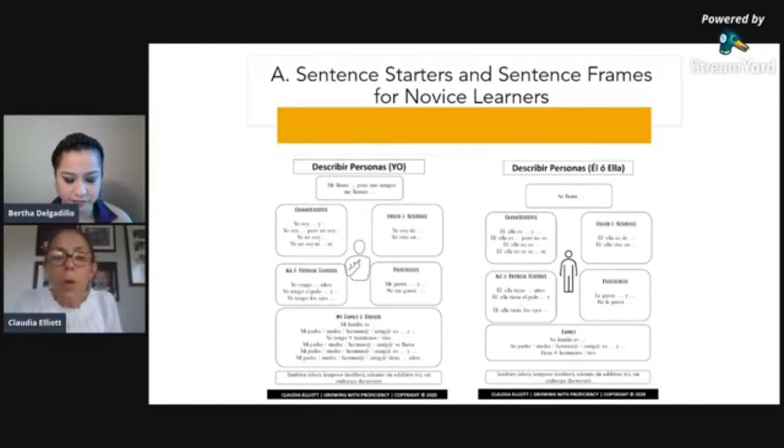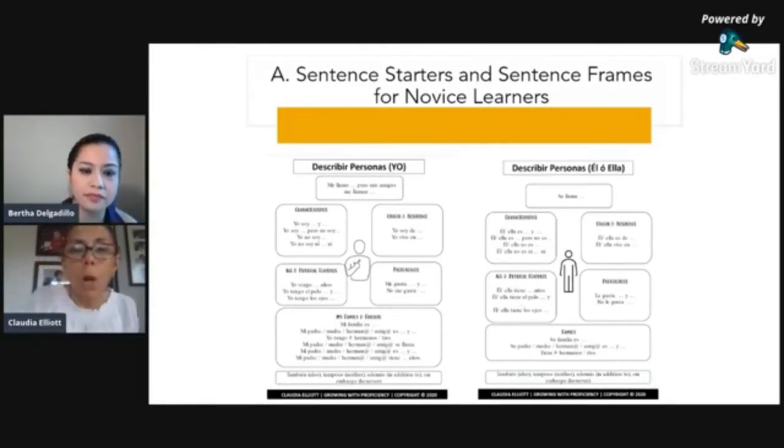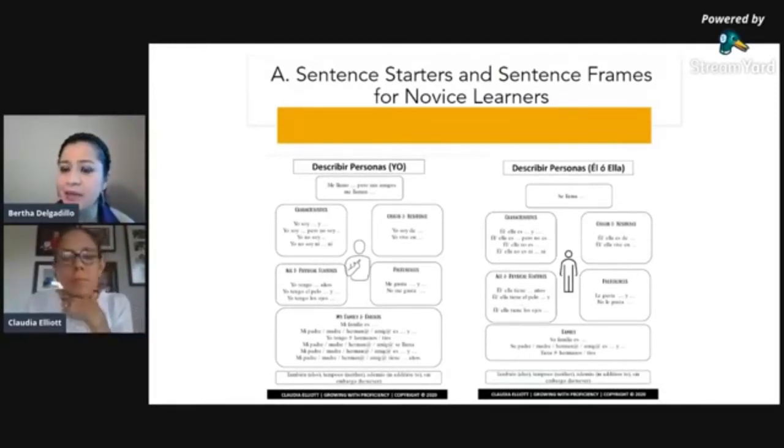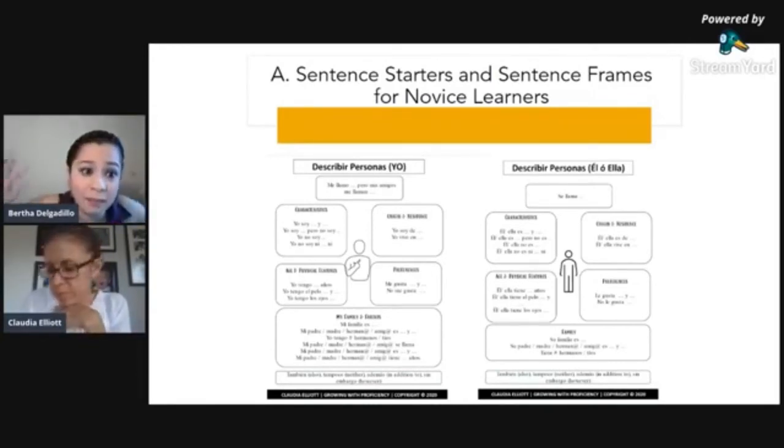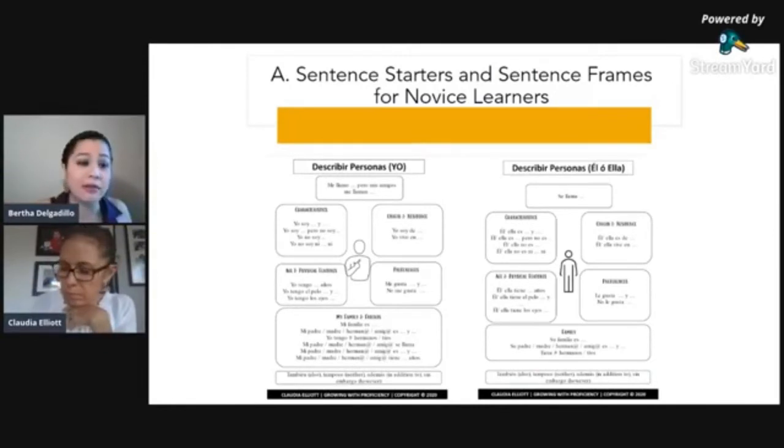Why not? But I'm not going to ask them to do that by themselves. I'm going to provide tons of sentence starters, sentence frames to help them describe themselves, describe their best friend, describe their mom, describe their dad, describe people that are important to them. And like we have talked about in the past, Claudia, we can't just expect all the students to start just because we delivered a lot of input, and maybe we really taught our hearts out with the input we delivered to our students, and we did it in so many ways, and we know they got so many repetitions.